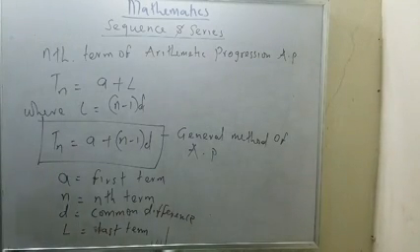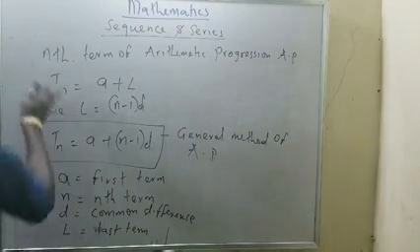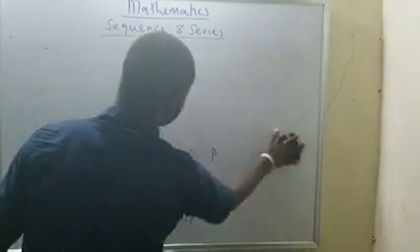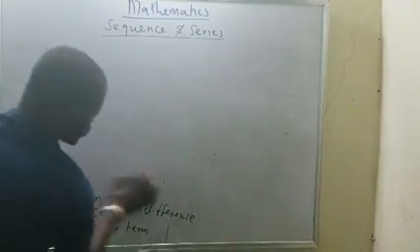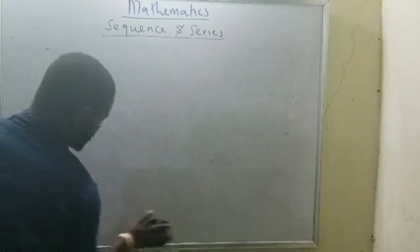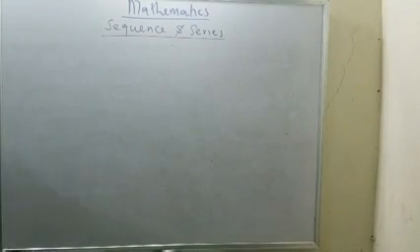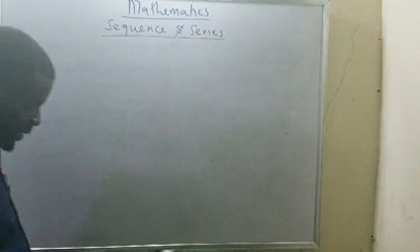Let's quickly move on to the next one in our agenda, which is examples. Let me put one or two examples on this part so that we can move on. How do I know the first, second term?